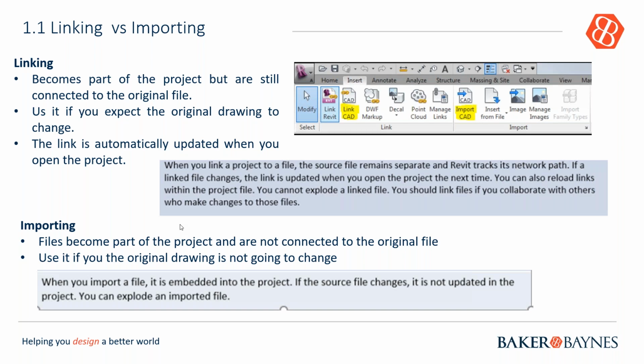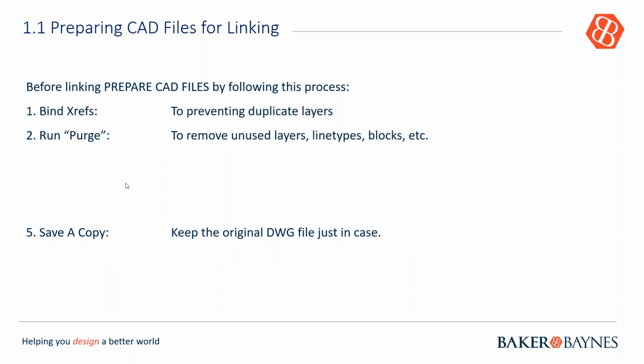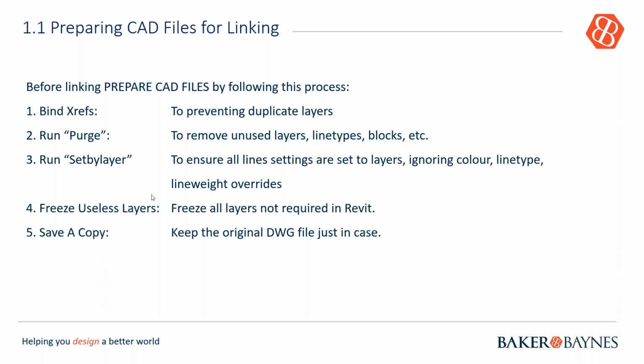Now, I'm going to assume that we are going to link files, and when we link a file, I always have a process that I follow before doing that, right? So my process is I always first bind my XREF.